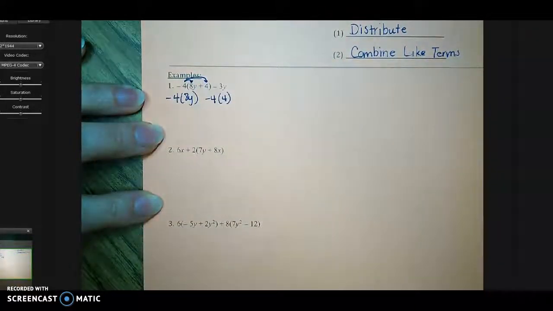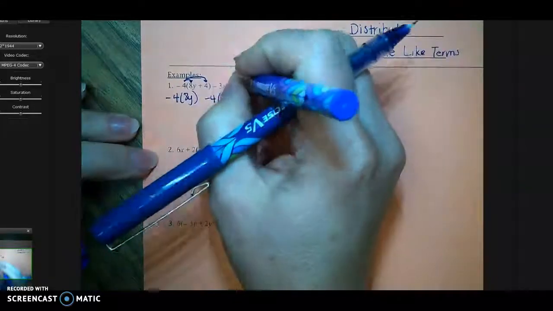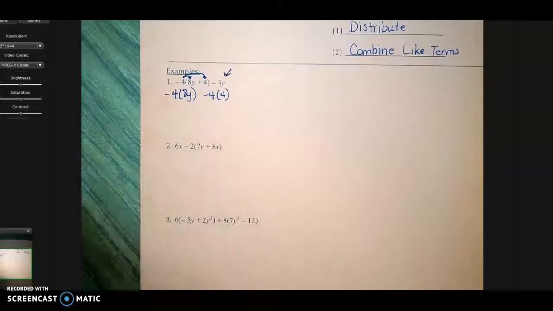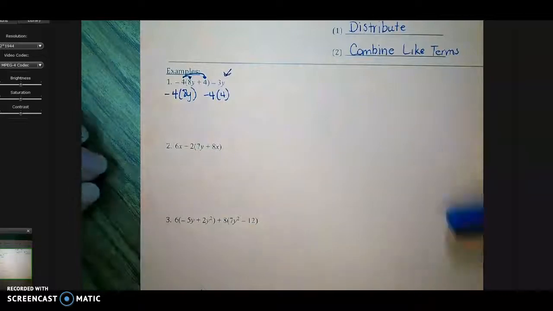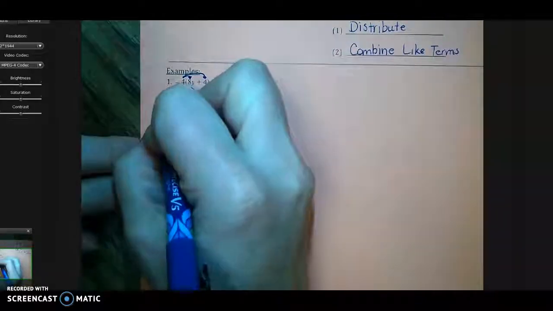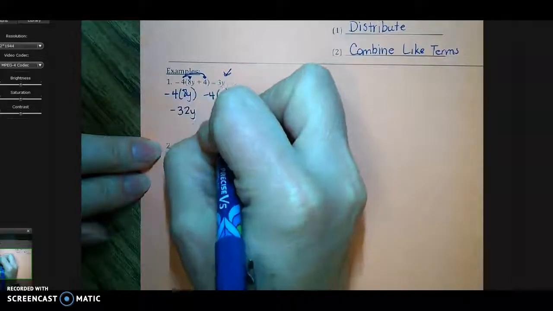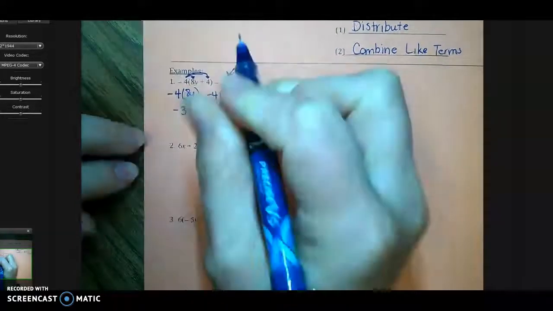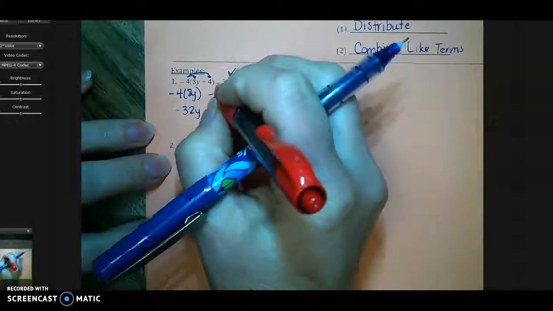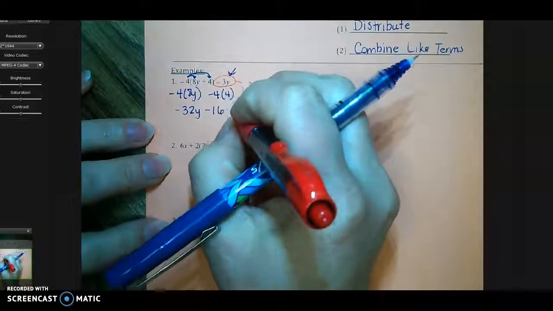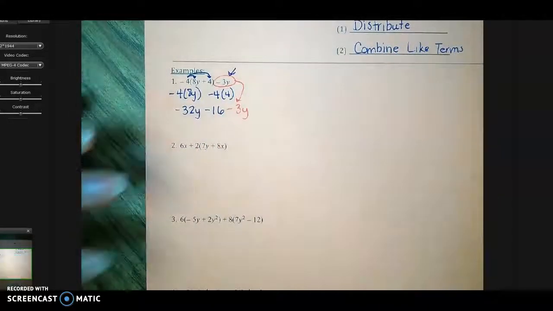Now what I don't want to lose here is I need to make sure I bring this back in the end. So -4 times 8y is -32y. -4 times 4 is -16. And I cannot forget that I had this at the end. I have to go, oh, wait a minute, I also have another -3y there.